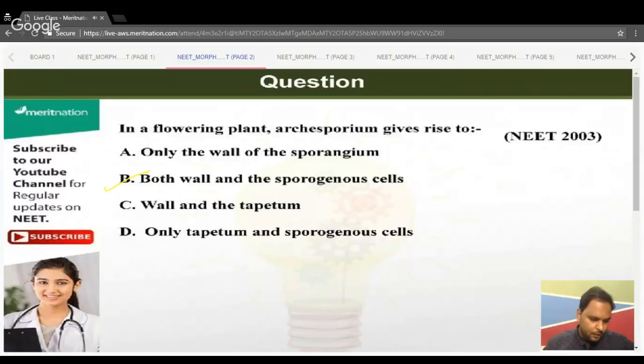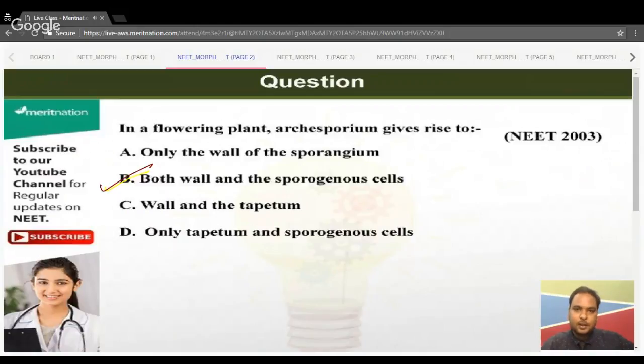It's the development of the male gametophyte, everyone. The archesporium cells give rise to both the outer wall as well as the sporogenous cells, and these sporogenous cells later give rise to various other layers.